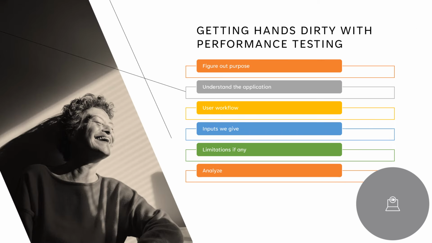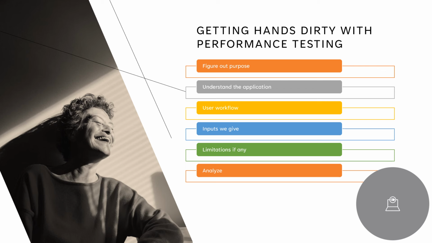So how do we start performance testing? We don't start performance testing directly, like generating a load on a specific request or service. We have to figure out the purpose of the testing. There might be multiple reasons. Maybe our client base is increasing due to a merger or an acquisition.